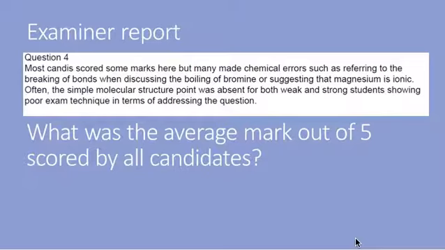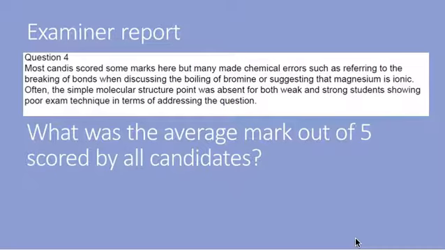So here was the report by the examiner: many chemical errors. Simple molecular pointers were absent for both weak and strong students, showing weak technique in terms of addressing the question. It was not a very well answered question. That's the general view. So finally, one last question to conclude the session.